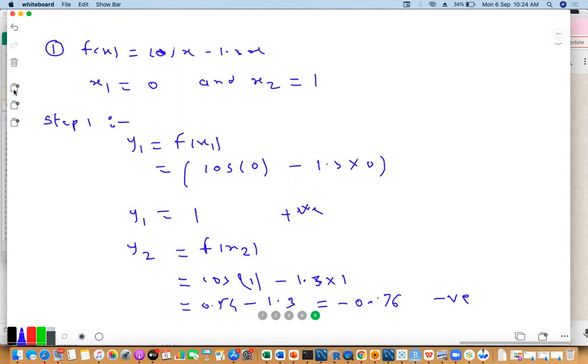Okay, so now we will calculate y3, x3. So step 2, we have to calculate the mid value.